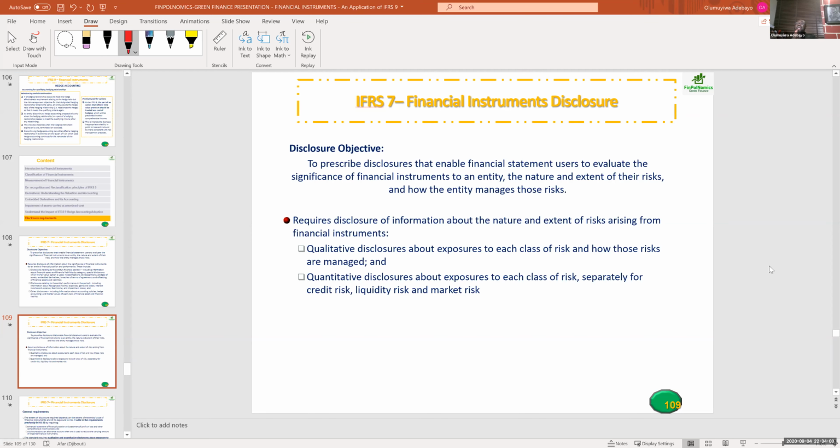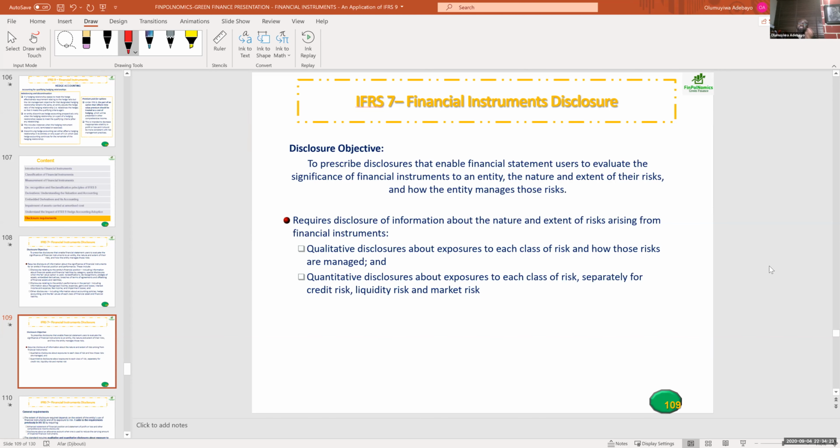measurement, and disclosure. Now, disclosure is an integral part of financial report because that is how we get to understand more and have a better appreciation of the information contained in recognition and measurement. Similarly, when we discussed IAS 1, we said there are 5 components of financial statements.